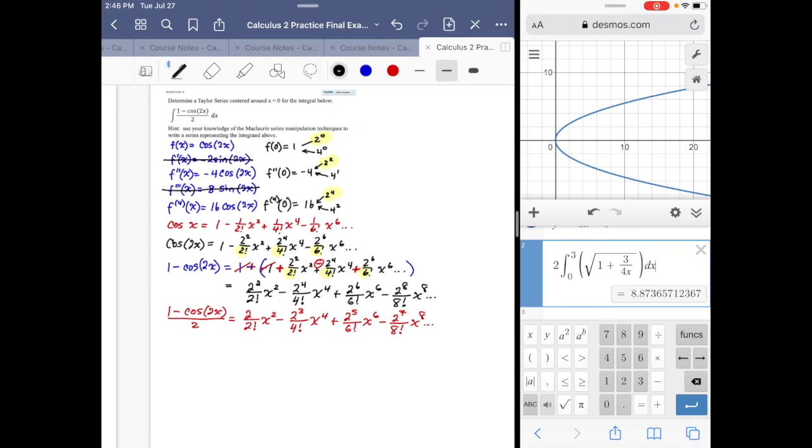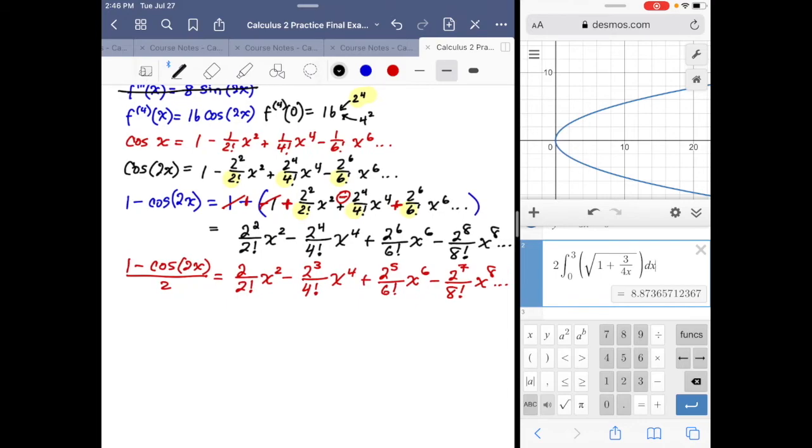So then the only thing that's left to do is the actual point of the question, finding the antiderivative. All right, so the antiderivative of (1 minus cosine 2x) over 2 dx. Increase the exponent by 1, divide by the new exponent.